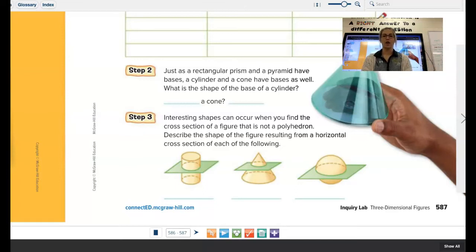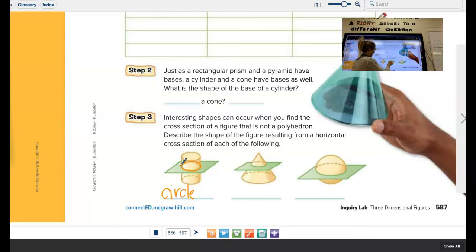If I took this cylinder and cut it in half, straight across, horizontal, what shape would I have as the bottom? You would have a circle. That green part right there would be a circle.